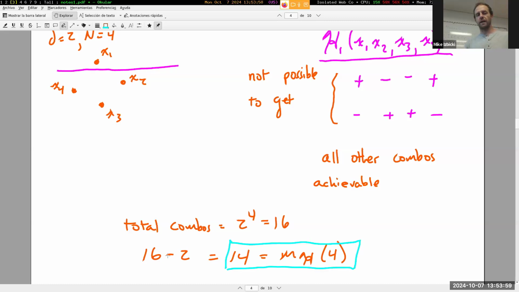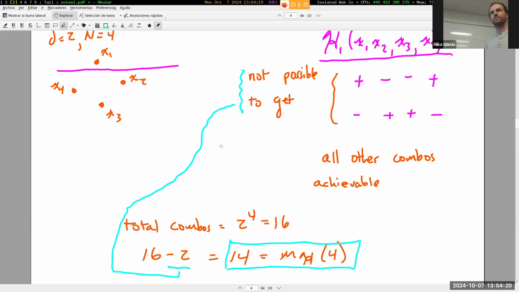The reason why we're subtracting off the 2 is because that corresponds to these 2 possible combinations that we cannot achieve with the perceptron hypothesis class.